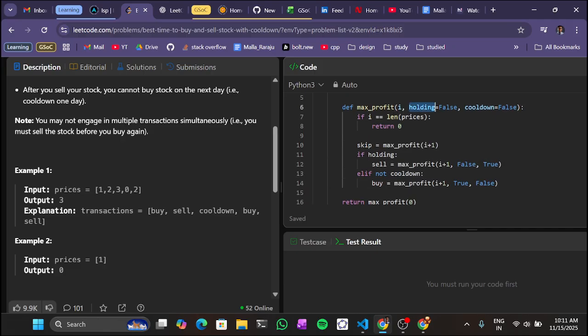That means the holding status won't change, and the cooldown status won't change either.